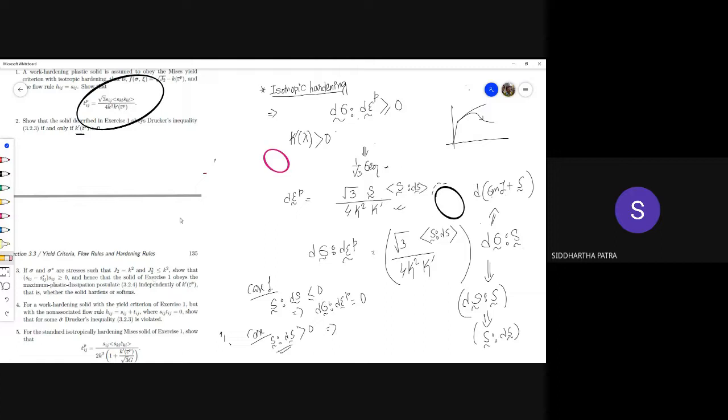So then you have the following expression for d sigma d epsilon p. Please understand that this is also an inner product. So this right here is a scalar. Now, would you agree this is the expression that we are getting?